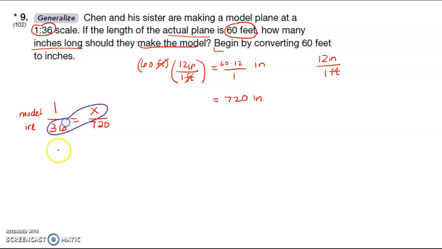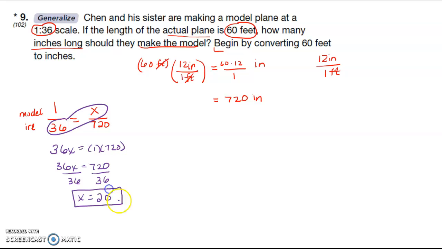Cross multiply, so I have 36x is equal to 1 times 720. 36x is equal to 720. 36 goes into 720 20 times. So that it's 20 inches on the model.